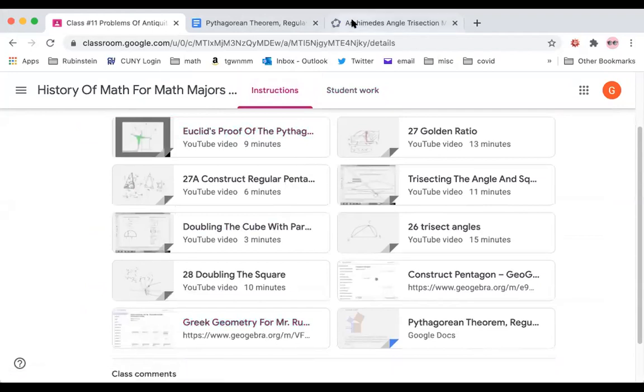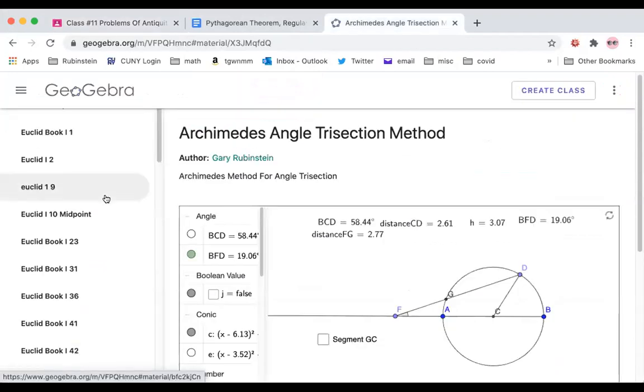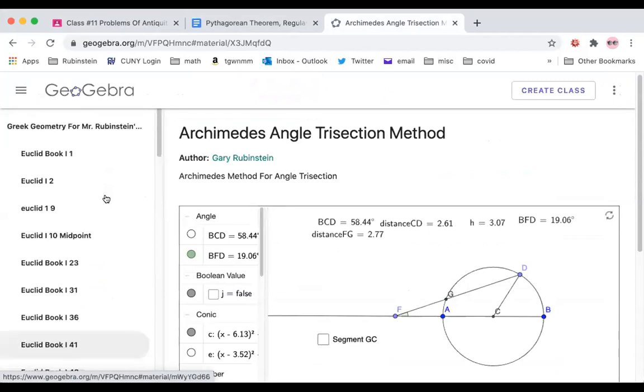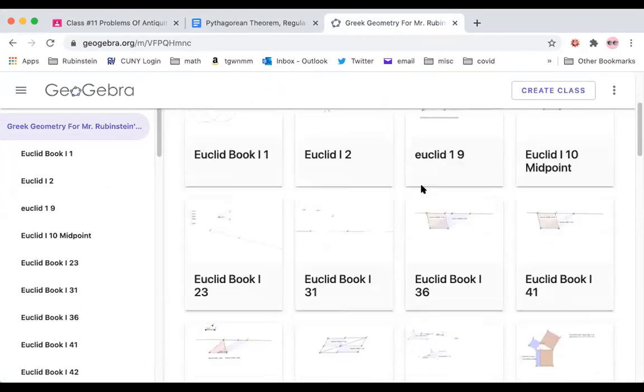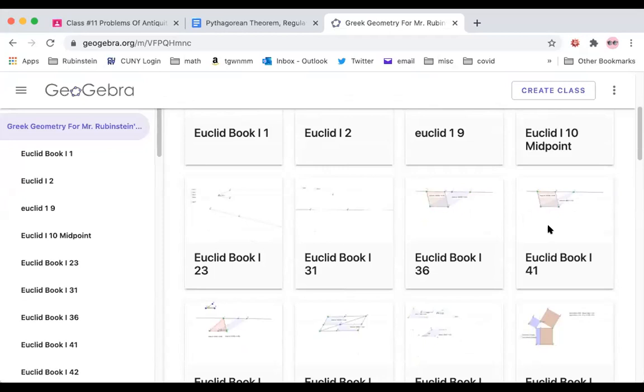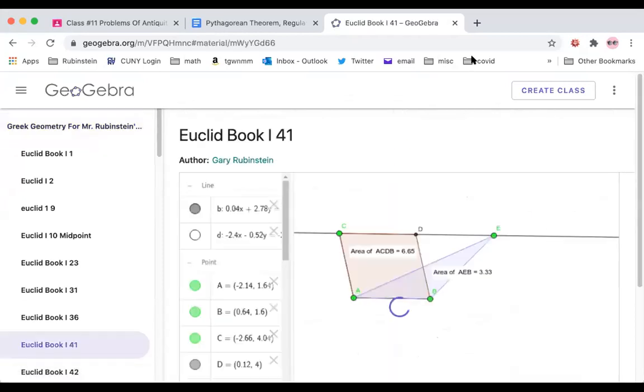This is something I use with my classes where I teach high school. And I have this book, it's called, and it's got a collection of these interactive geometric diagrams. So a lot of the stuff we learned is on there. And here, this looks like the relevant one.